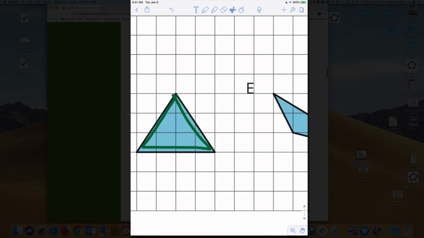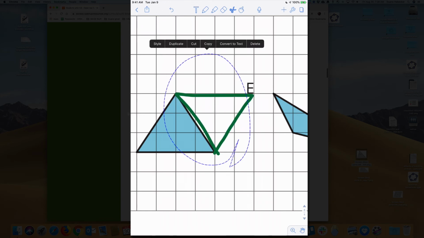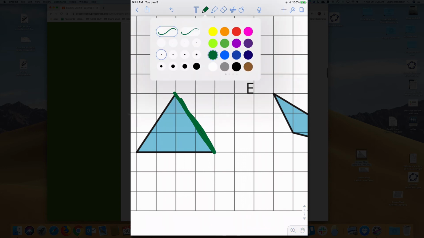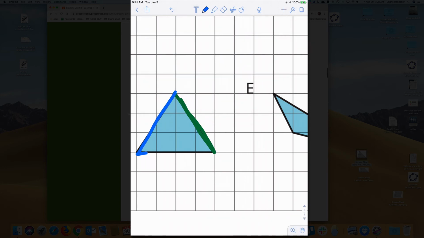What do we do? We go, oh yeah. There we go. Done. All right, now because that's a little funky, let me do that in a different color. So I'm going to do this one in green, and then I'll do these 2 in blue.